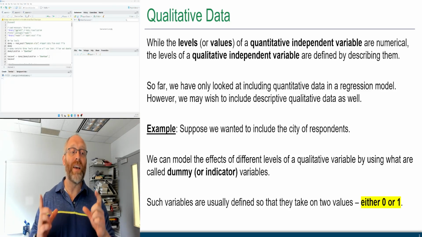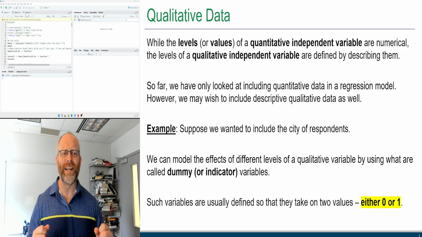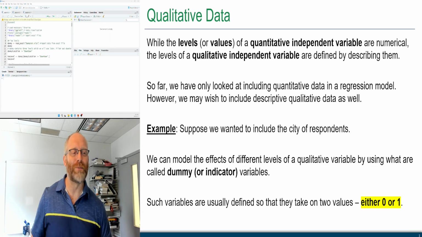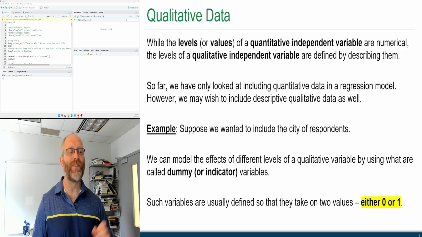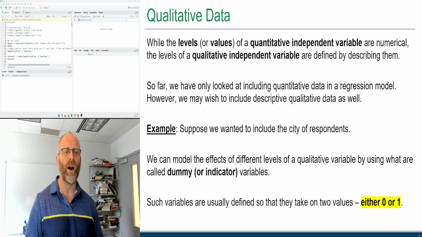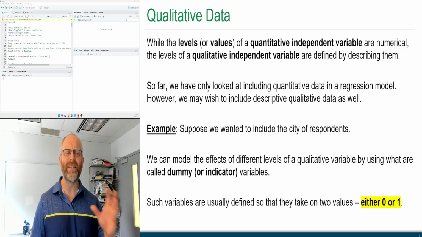So we can model the effects of different levels of qualitative variables, and I pause all the time for that one because I keep getting mixed up between quantitative, qualitative, categorical, and numerical. But we're dealing with categorical at this point in time. So we model the different levels of qualitative variables by using what we call dummy variables or indicator variables, depending on what textbook you are referencing. It means the same thing.